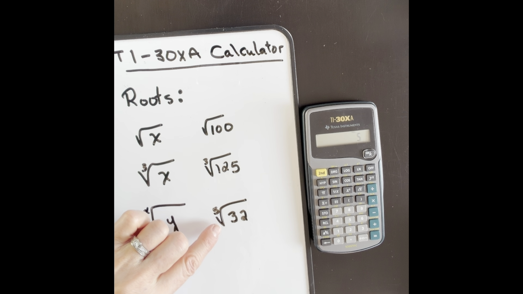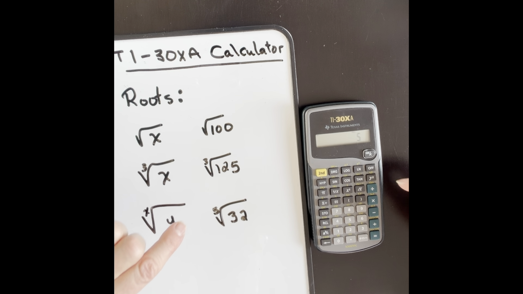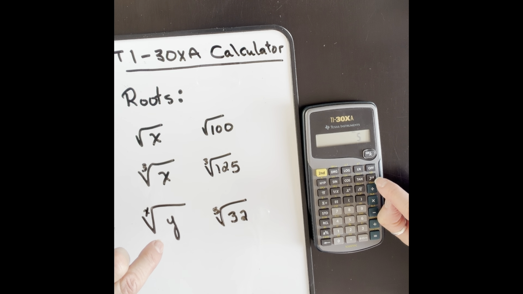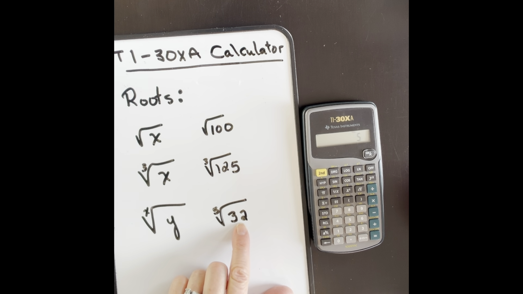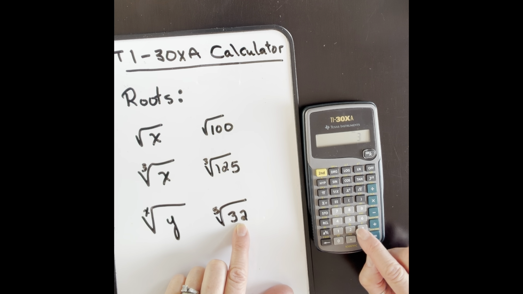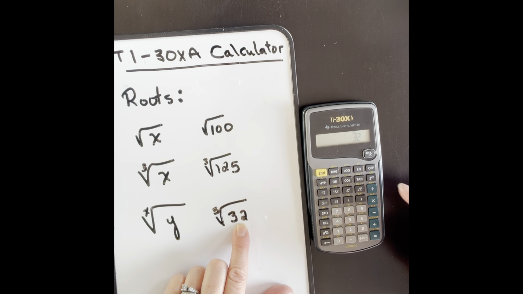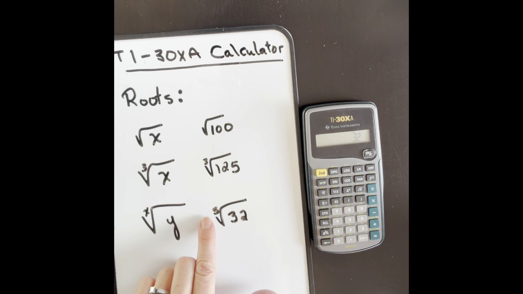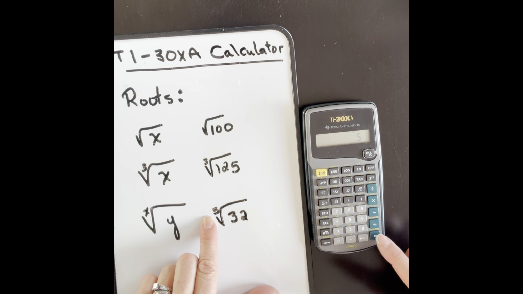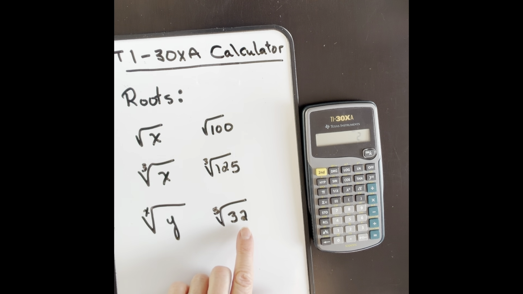And then if we have any other root other than square or cubed, we're going to need to use the x root of y, which is the second function of our power function, y to the x. So we're going to start by entering the base of 32. Then second function, x root of y, and then we put in our root, which is 5, and equals, so the fifth root of 32 is 2.